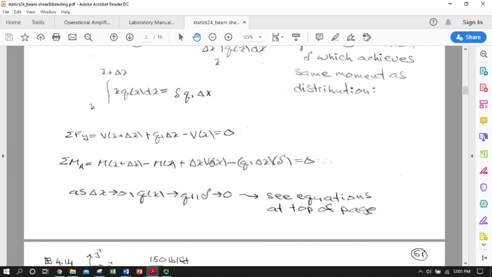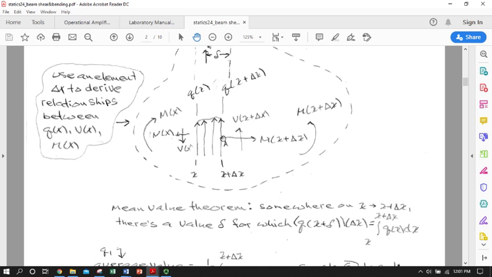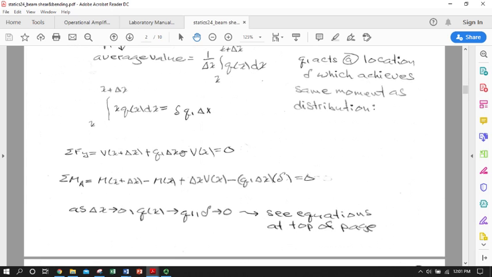We have the effective moment due to the shear force that is acting specifically at point X, position X on that left-hand side, times the radius that it's acting on from point A, which is delta X.